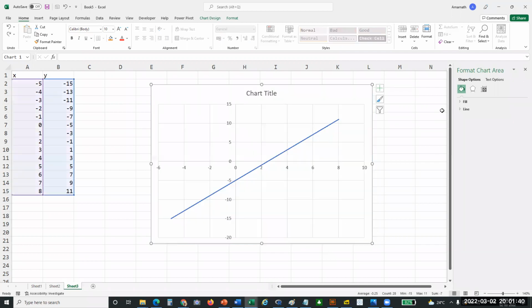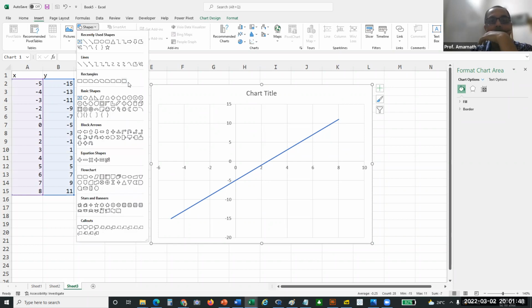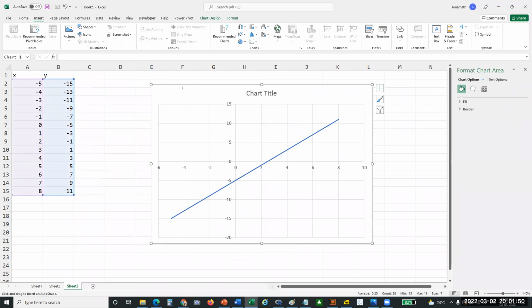It is just that once you click on the shape, right? When you click on insert, and then click on the shapes, and then click on that. Yeah, and then you draw that line in the chart, right? In the chart title, the top portion that you have, you can just select the top portion.